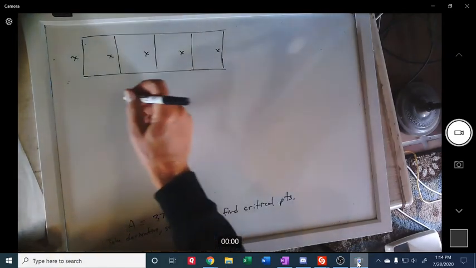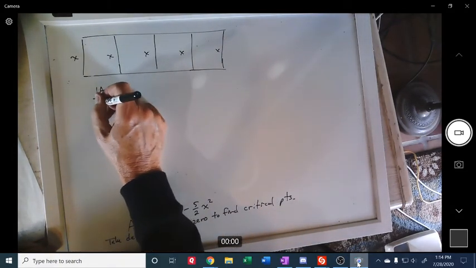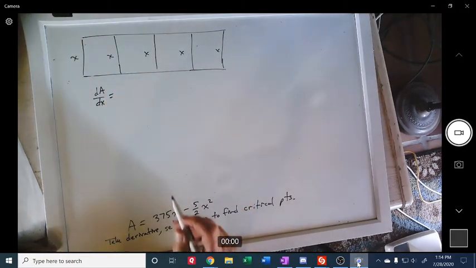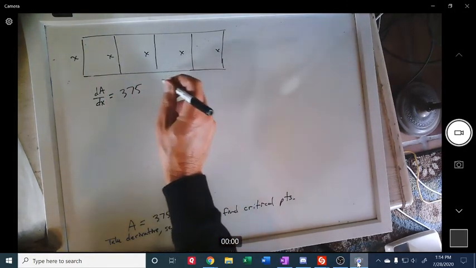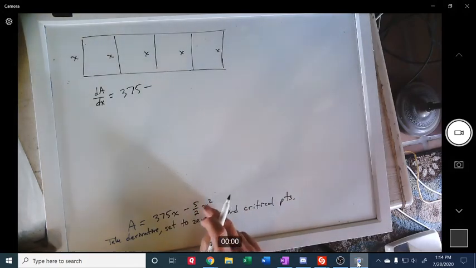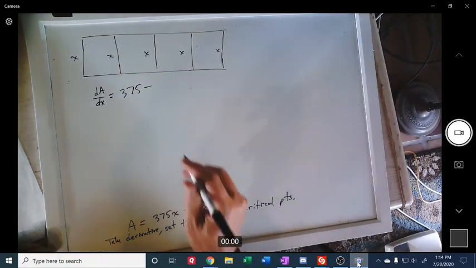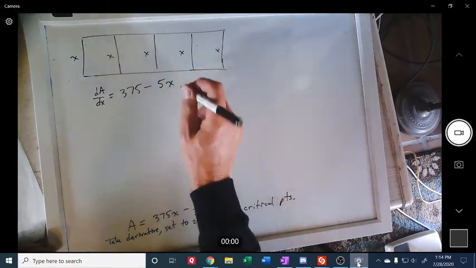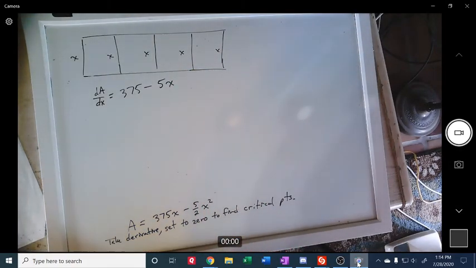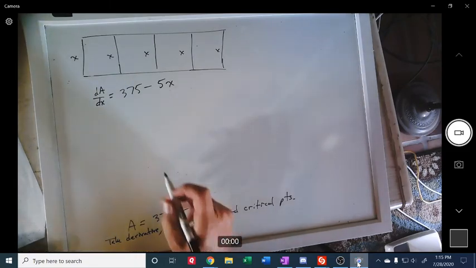So I'm going to get dA/dx. I take its derivative, I get 375 minus, and when I take the derivative here, the 2's cancel out, minus 5x. Now, by the way, this isn't the only way to solve this. Since this turned out to be a downward parabola, I could just use the vertex formula of a parabola and come out with the highest point. But calculus gets me to the same place very quickly.